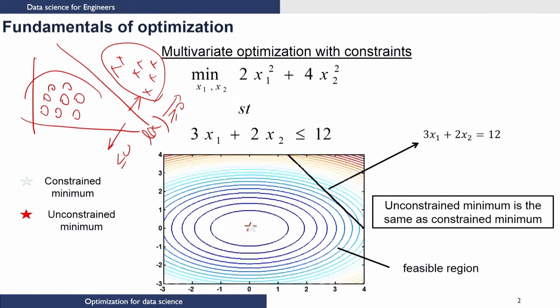Now let us go back to the same example that we had before, where we had the equality constraint and then we tried to solve the optimization problem, and then just make that equality into an inequality. So in this case, let us assume what was equal to 12 in the last lecture has now become less than or equal to 12, and let us understand intuitively what happens to problems of this type.